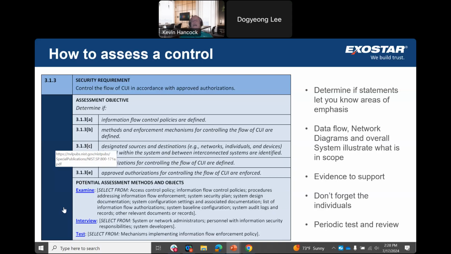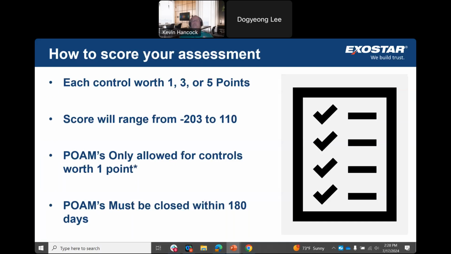Now, as you go through these, you're going to score yourself. So each of those 110 controls is worth 1, 3, or 5 points. That's why when you see a SPRS score, it can actually range from negative 203 to 110.